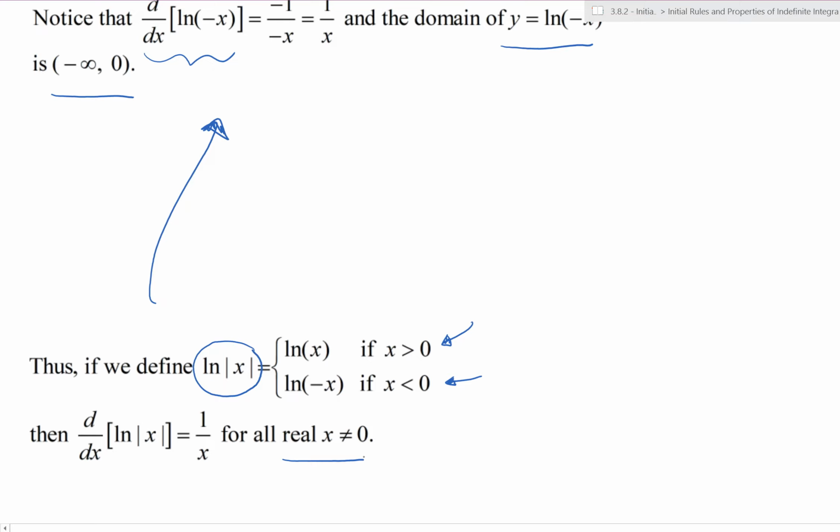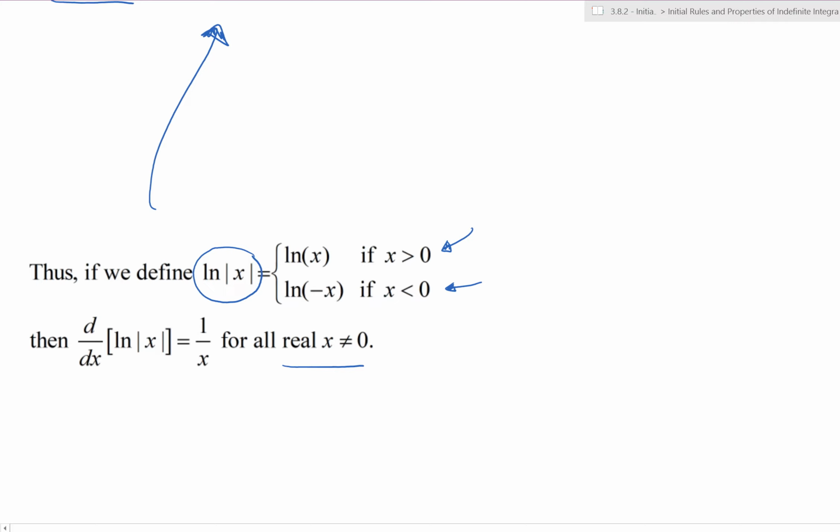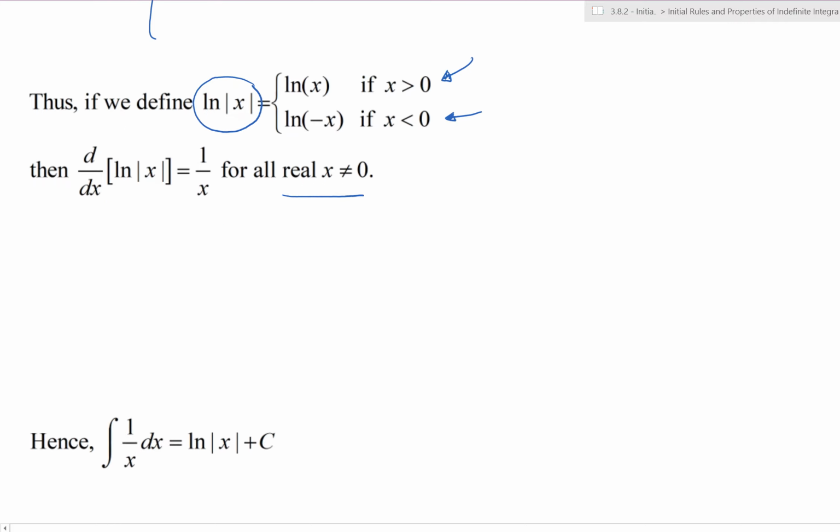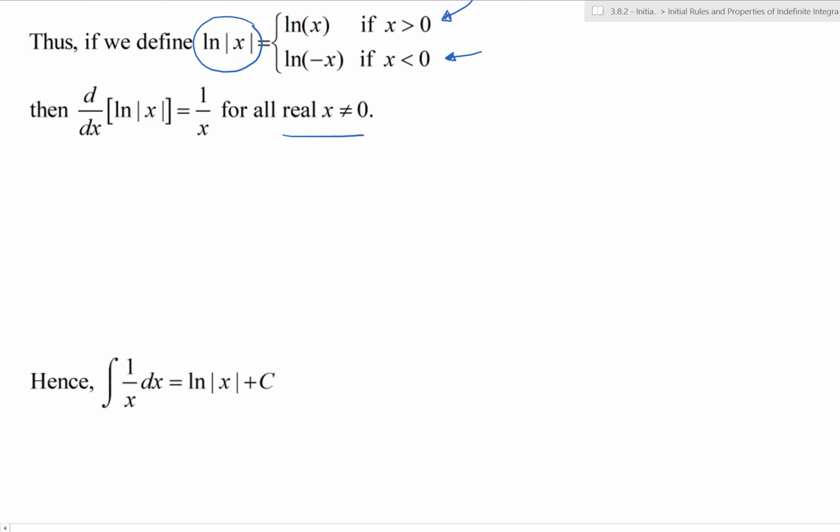And so it shows what the result is that we're actually looking for, and that is the general family of curves that have a derivative of 1 over x is not natural log of x plus a constant, but the natural log of the absolute value of x plus a constant. And so that's really important to note, right?